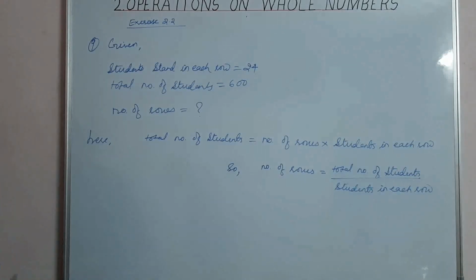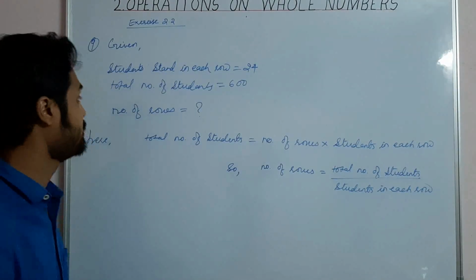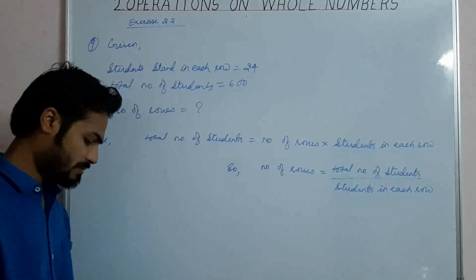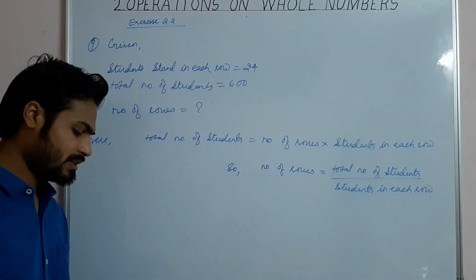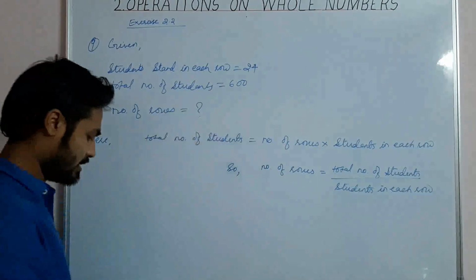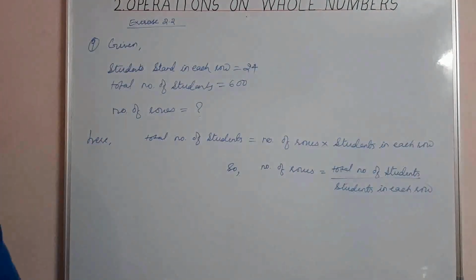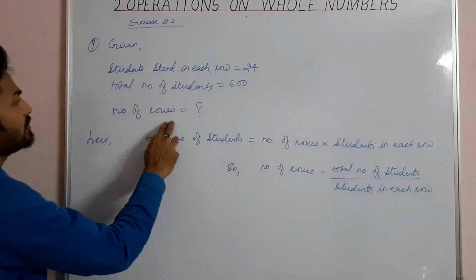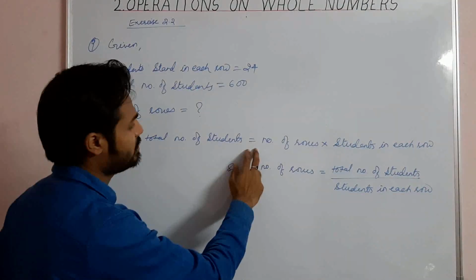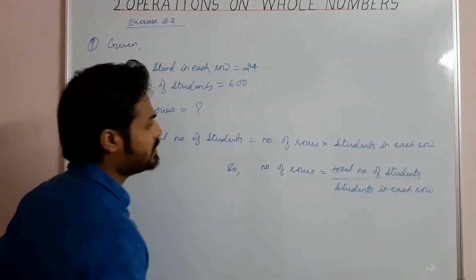Now 9th problem. During mass PT, 24 students stand in each row. If there are 600 students in the school, find the number of rows. So we have to find the number of rows. Here, total number of students is equal to the number of rows into students in each row.